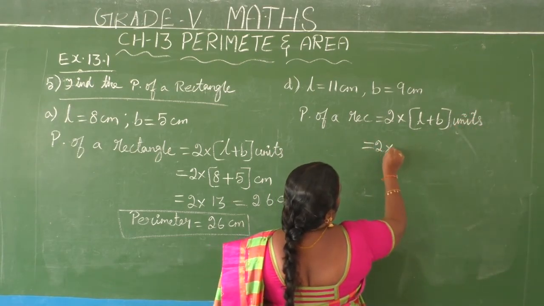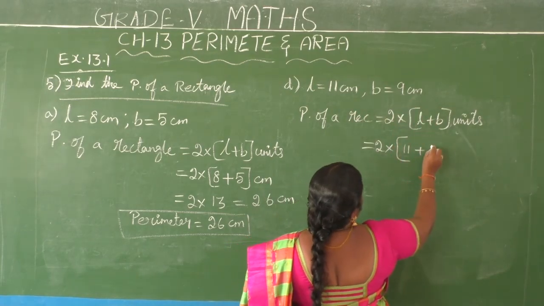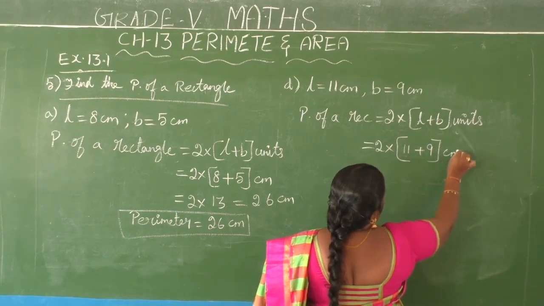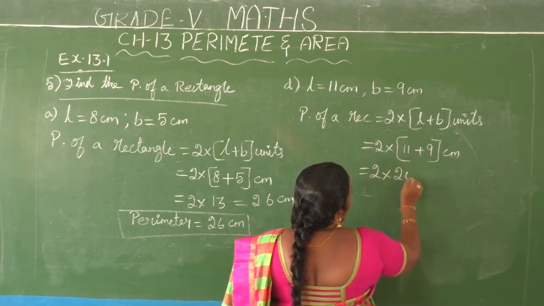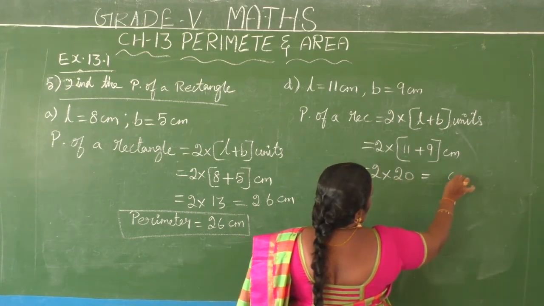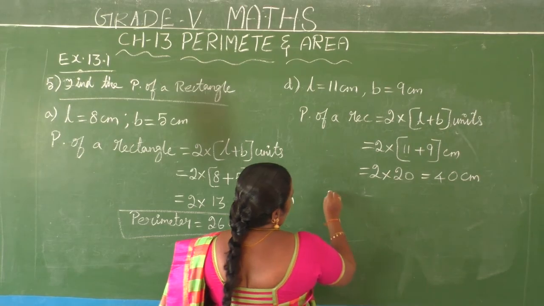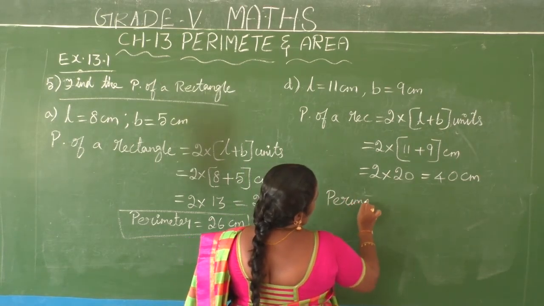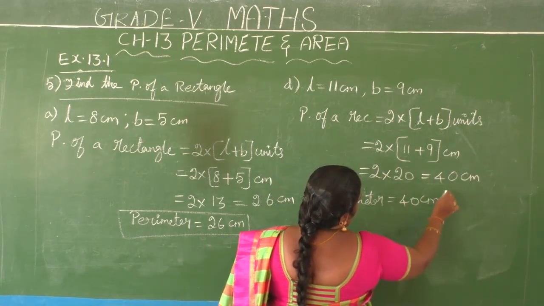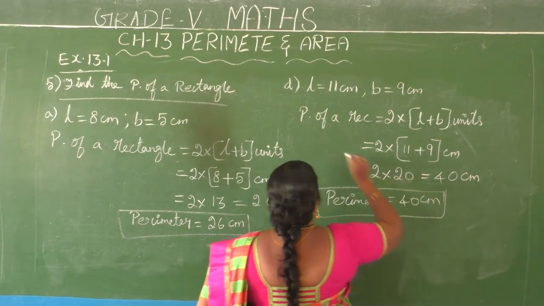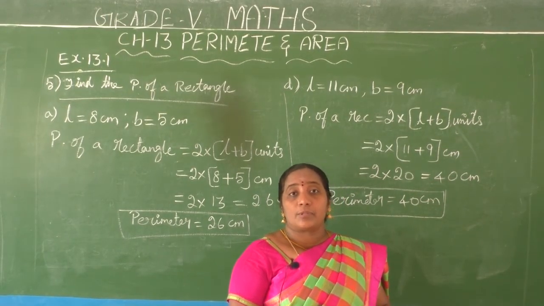So 2 into the length 11 centimeter plus breadth 9 centimeter. So 2 into 11 plus 9, 20. So 2 zeros are 0, 2 2s are 4, 40 centimeter. So the perimeter is equal to 40 centimeter.